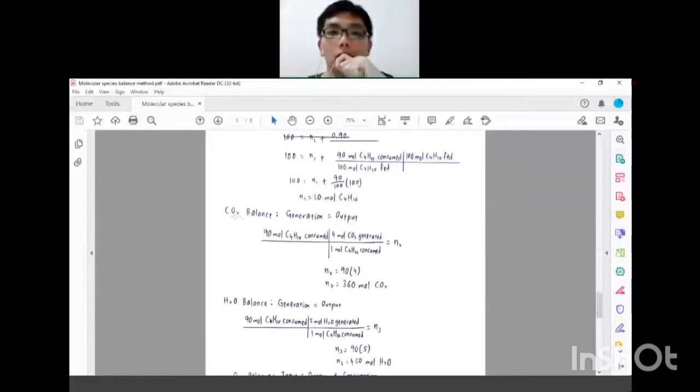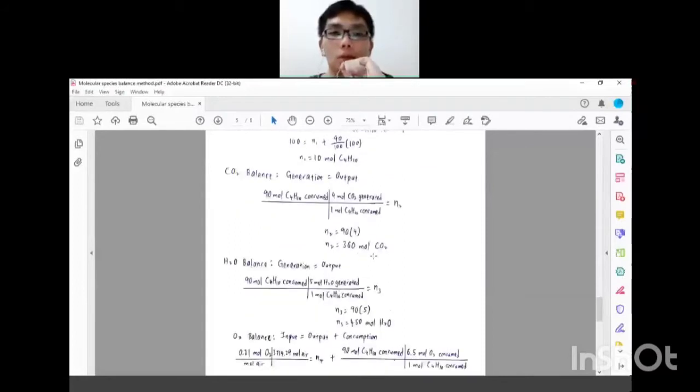And for the carbon dioxide balance, generation equals output. For the generation, 90 mole of the butane is consumed, and then it is multiplied by 4 mole of carbon dioxide generated, which will be equal to the value of N2. So N2 equals 360 mole of carbon dioxide.